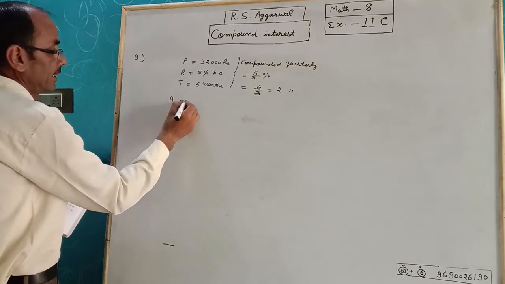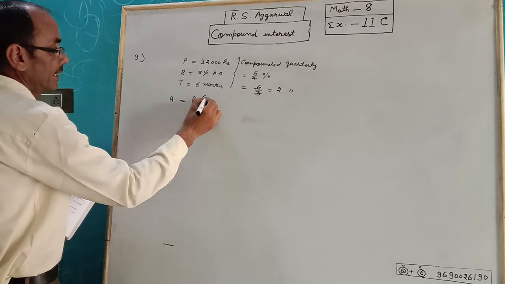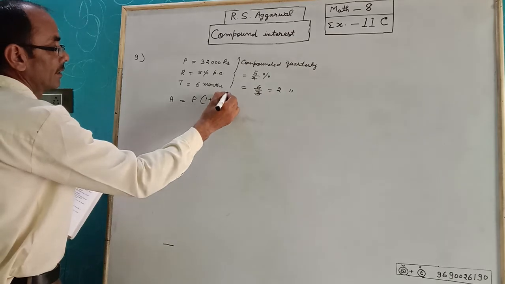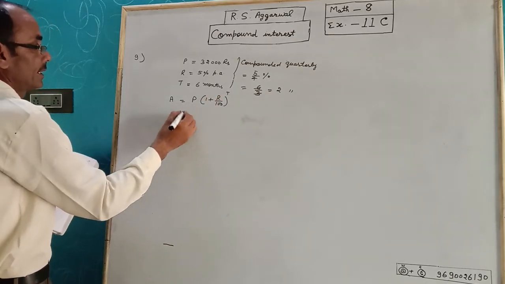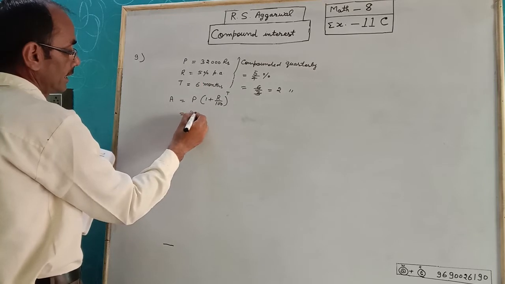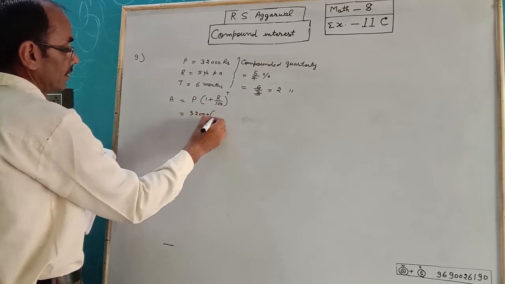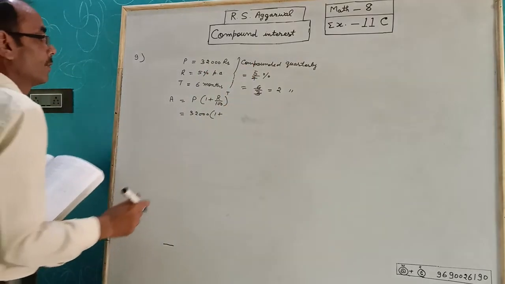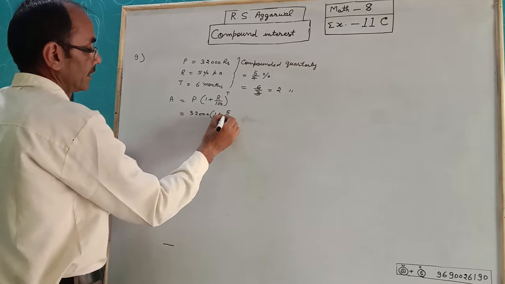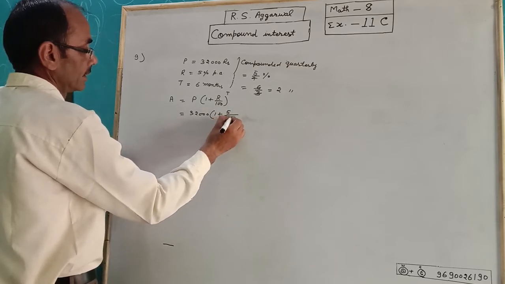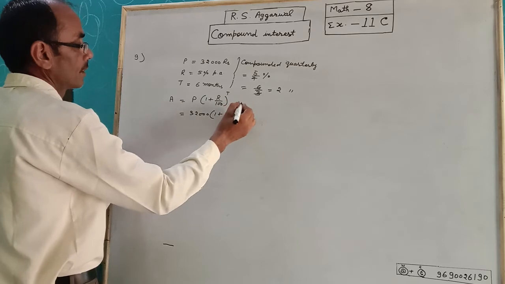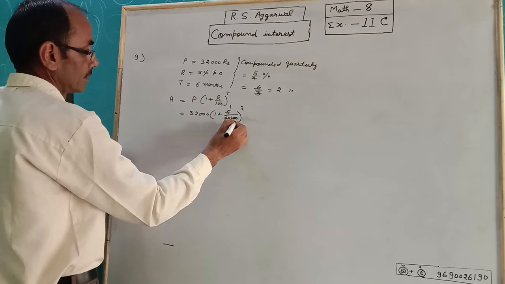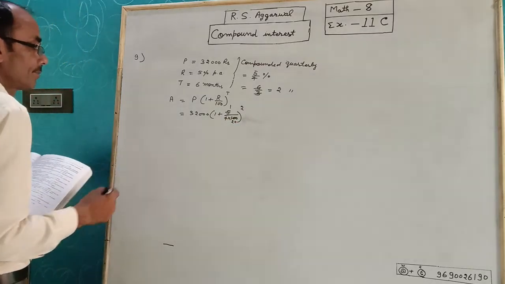Formula is A is equal to P (1 plus R upon 100) power T. P here is 32,000. R is quarterly, 5 upon 4 upon 100. Power is 2.